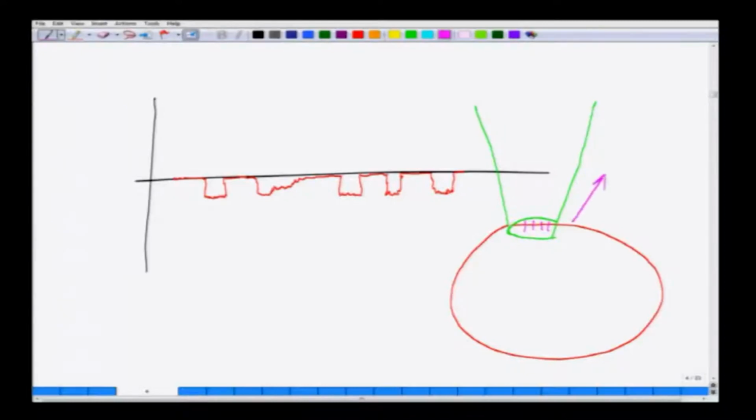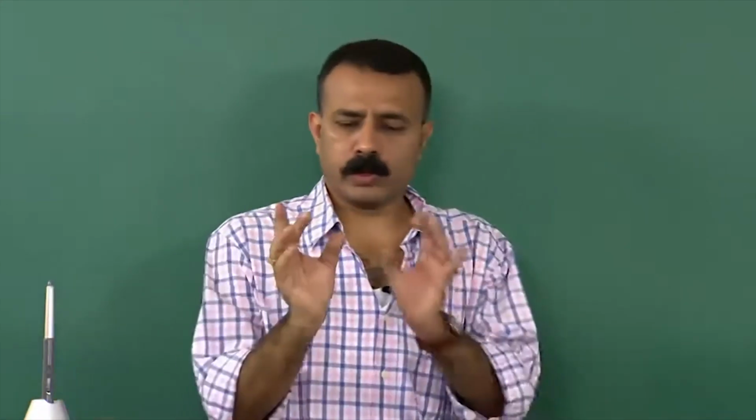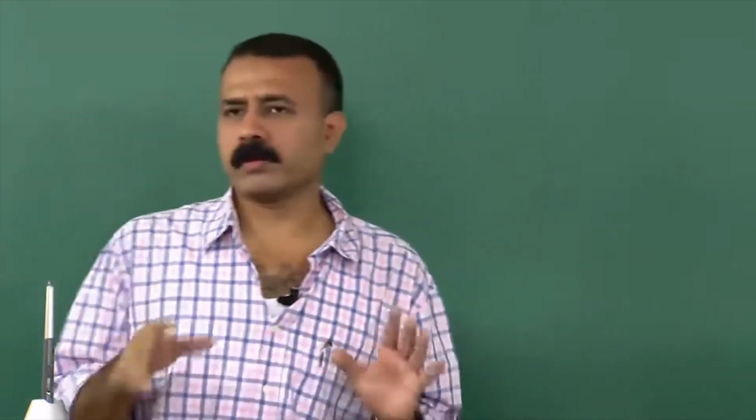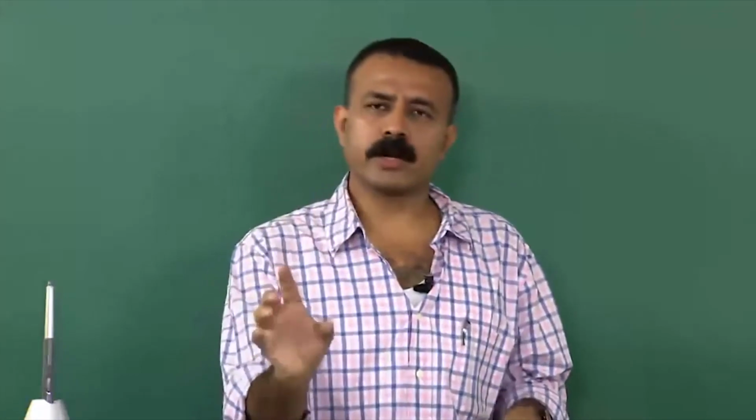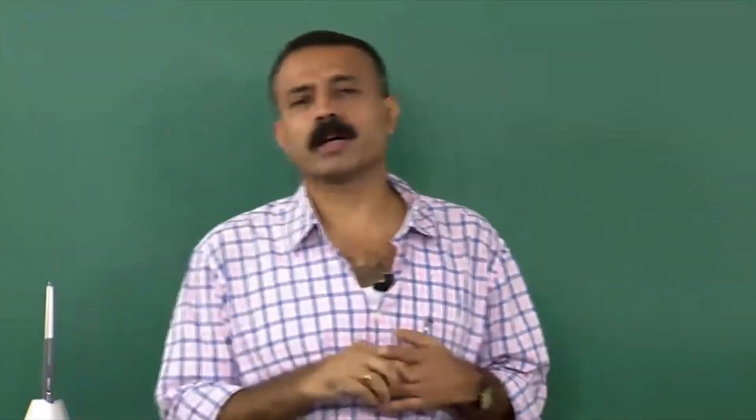You can pull this inside out or outside out or whichever way, and you can measure the conductance of an individual channel. What you essentially do, if you really know the total number of channels, or you have an approximate number within this much area, then you can back calculate how many channels you are getting it for, and from that you can say for a single channel how much will be the conductance.